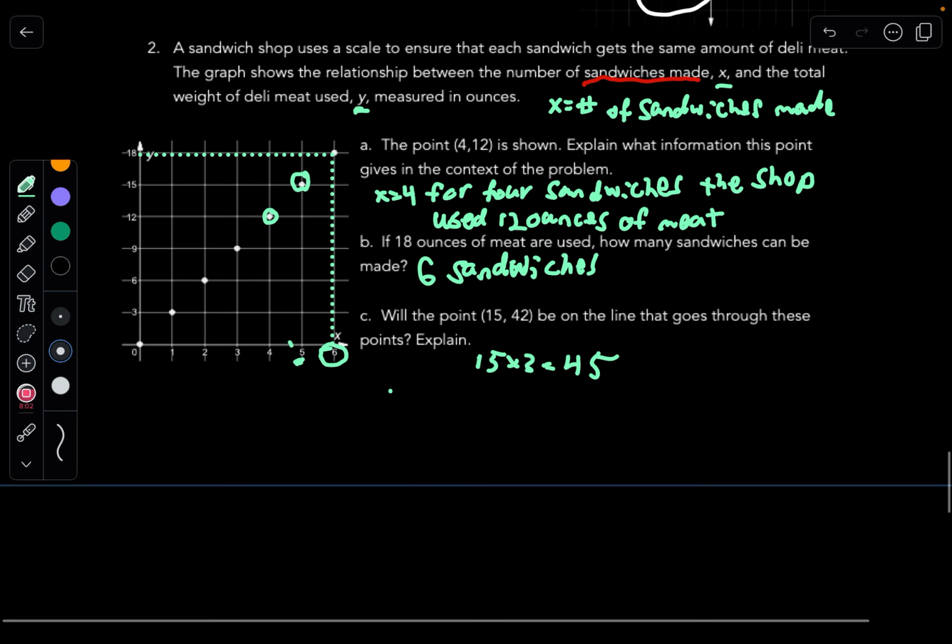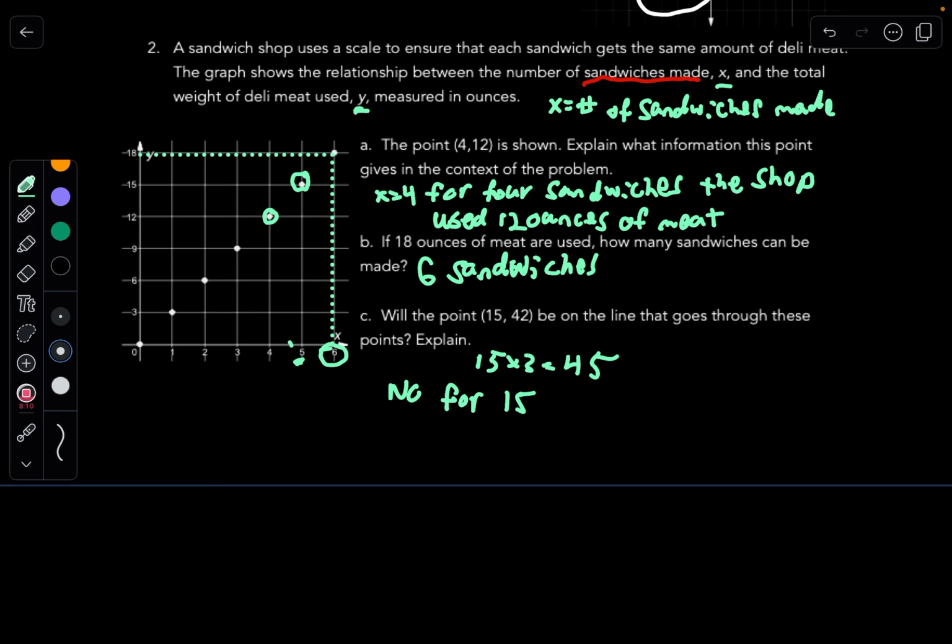So no. For 15 sandwiches, she should use 45 ounces of meat.